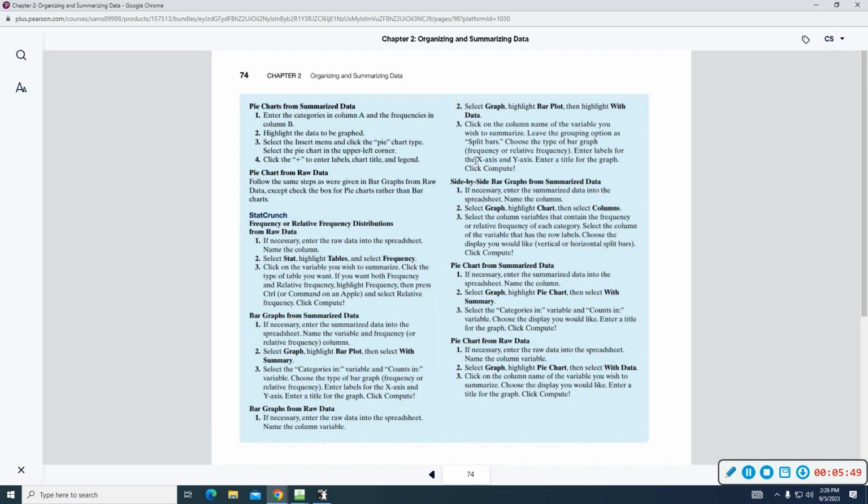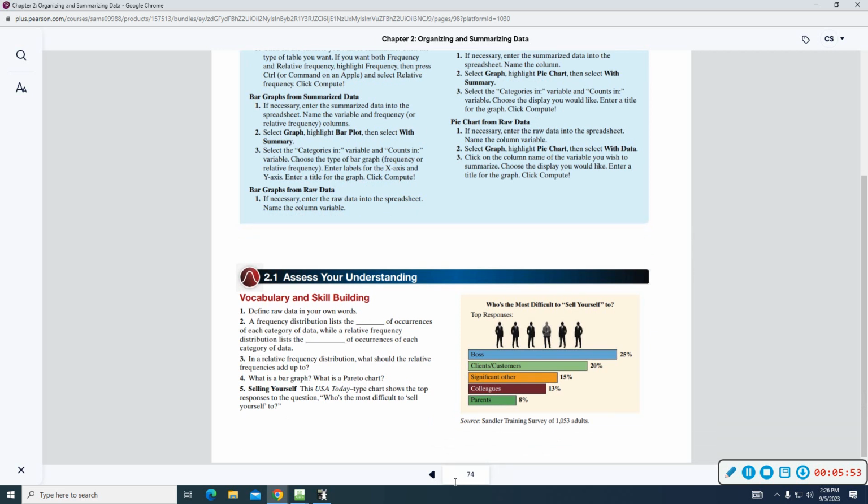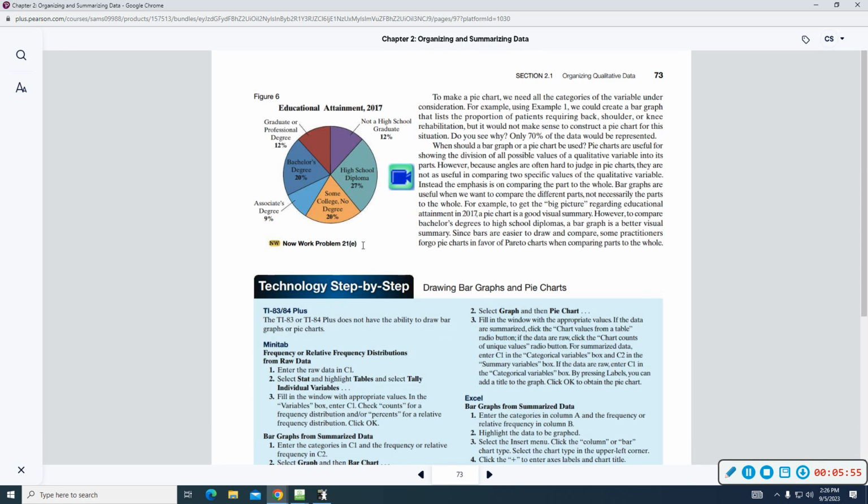This is doing it with technology. And then I think that's it. They don't really give a whole lot of detail about how to construct that pie chart.